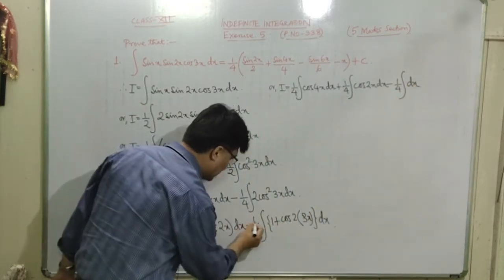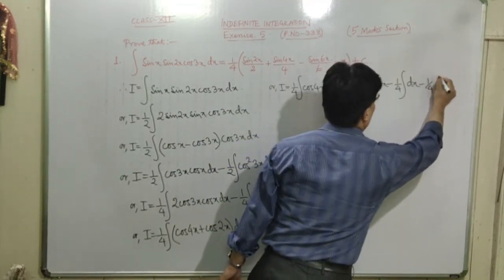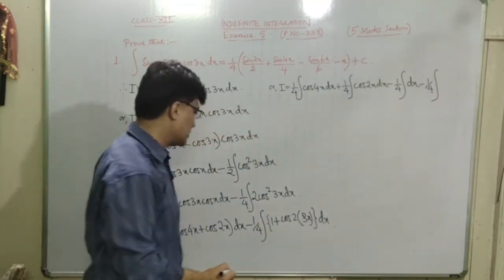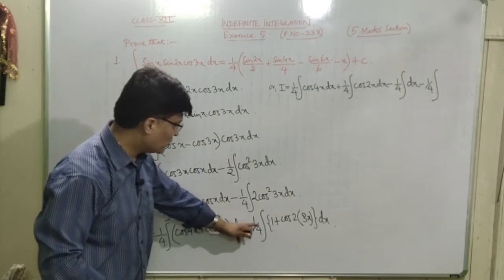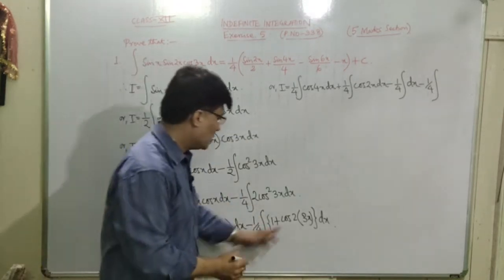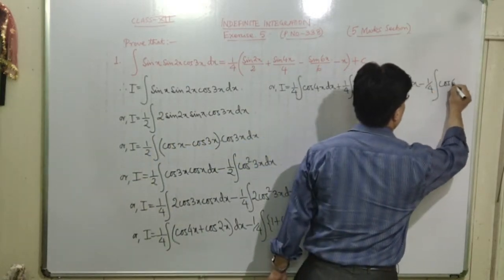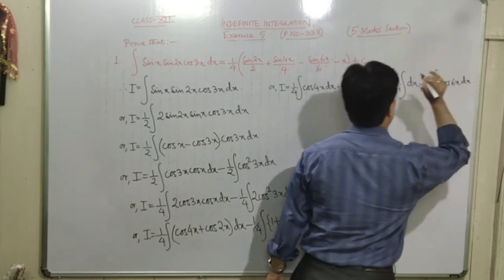Then minus into plus is minus 1/4 integration of cos 6x dx.